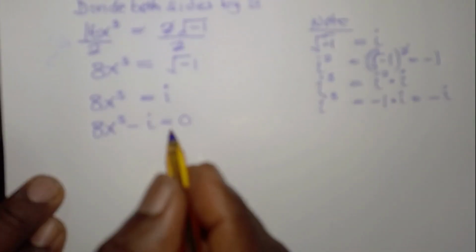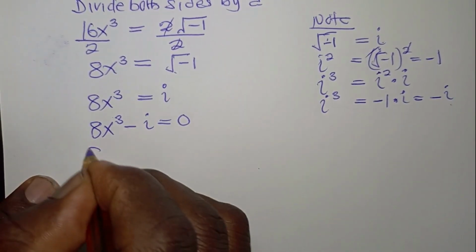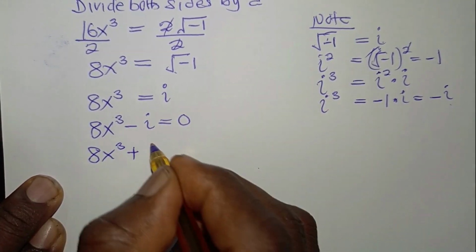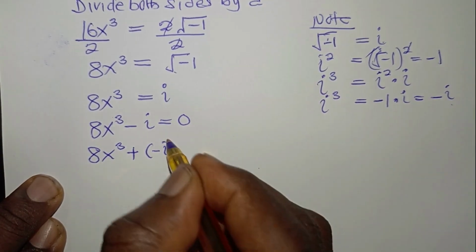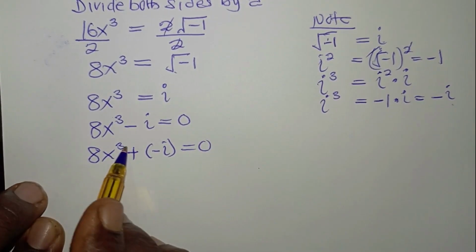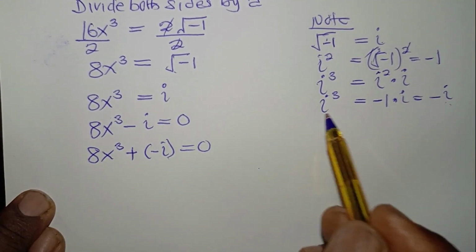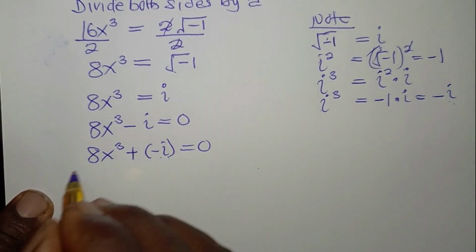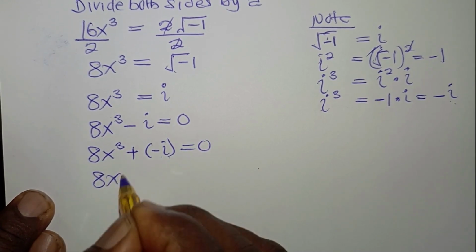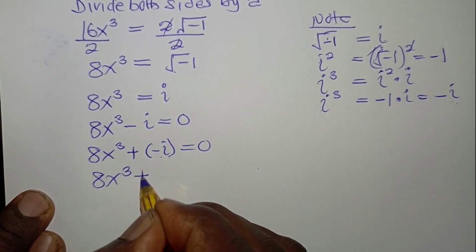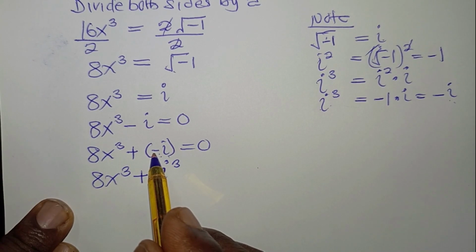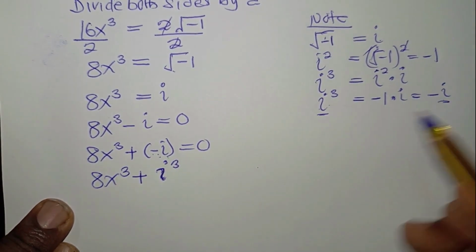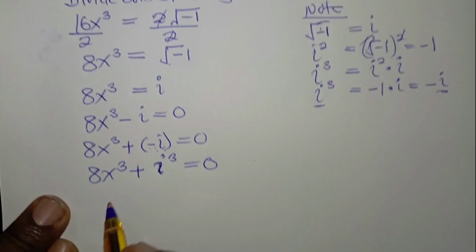We can write this equation differently as 8x to the power 3 plus, brackets open, minus i, equals 0. Right. So minus i is equal to i to the power 3. So in place of that, we have 8x to the power 3 plus i to the power 3. You can see the identity here. So this is equal to 0.